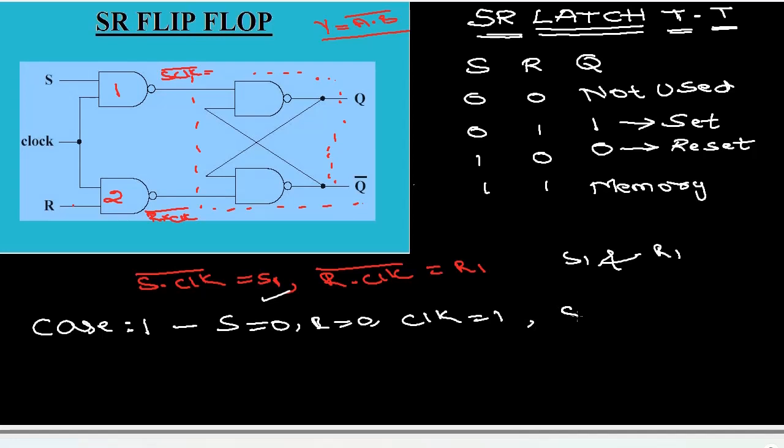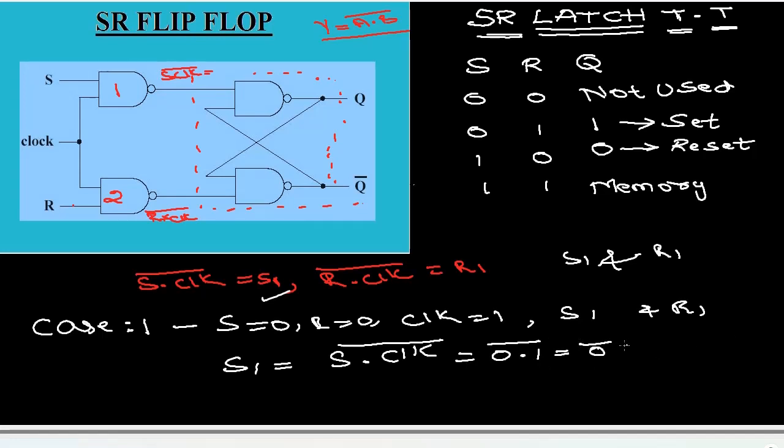S1 equal to S into clock, whole complement. The S value is 0, the clock value is 1, and I take the whole complement. So 0 into 1 is 0, and 0 complement is 1. Now the S1 value is 1.